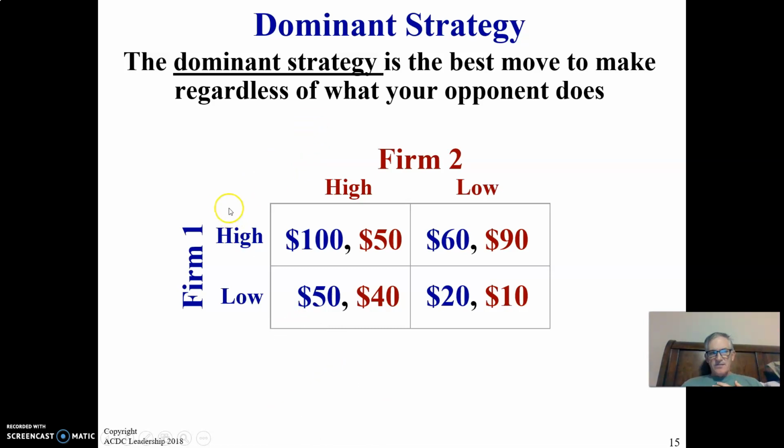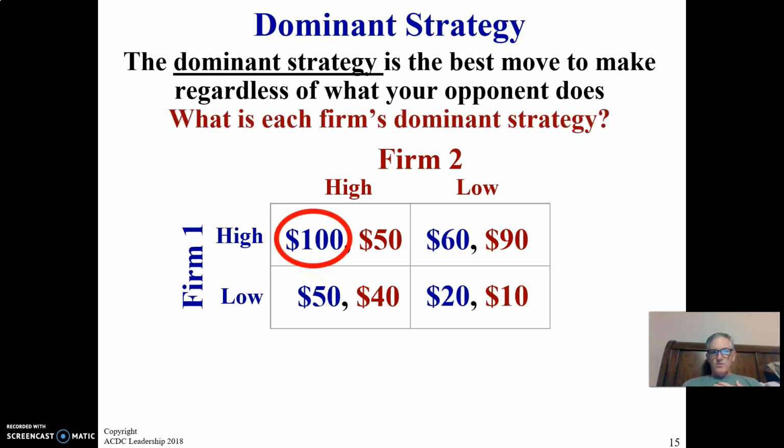Let's talk about firm one. They're trying to make a decision based on firm two pricing high. If firm two priced their product high, would firm one want to make $100 profit or $50 profit? I heard it in the back. You're exactly right.